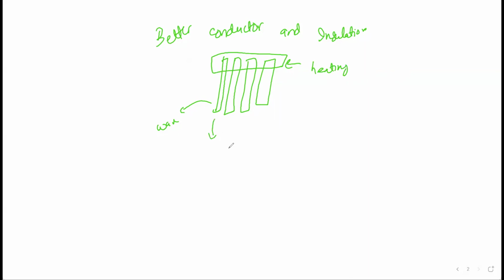So the rod whose wax would melt first would be the better conductor, and the one whose wax would melt last would be the insulator. We can also attach paper clips to it. So the one in which the paper clips fall fastest would be a better conductor as compared to the one in which the paper clips fall down last. Are you clear about conduction?